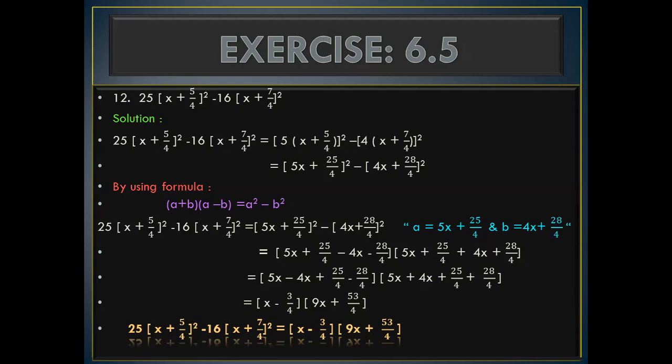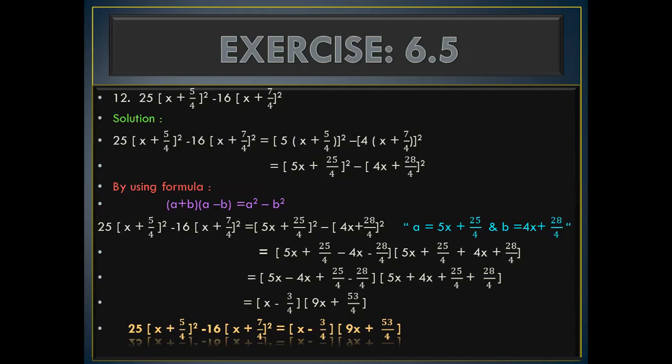Yes, 5x plus 25 over 4 minus 4x minus 28 over 4, because A minus B and there is a negative sign before 4x, so it also changes the sign of 28 over 4. In the next bracket, A plus B: 5x plus 25 over 4 plus 4x plus 28 over 4.